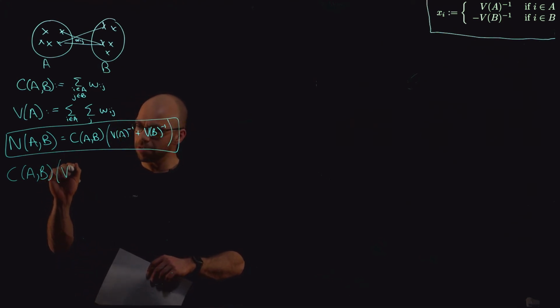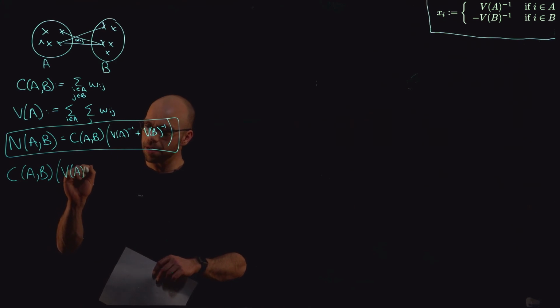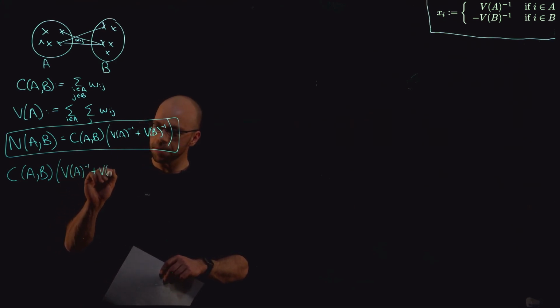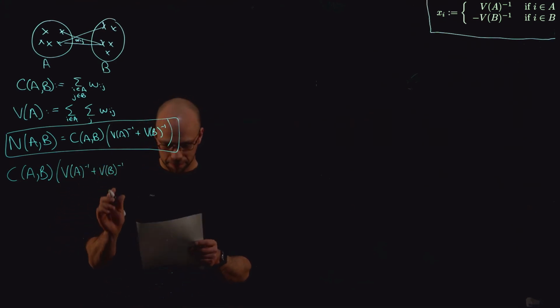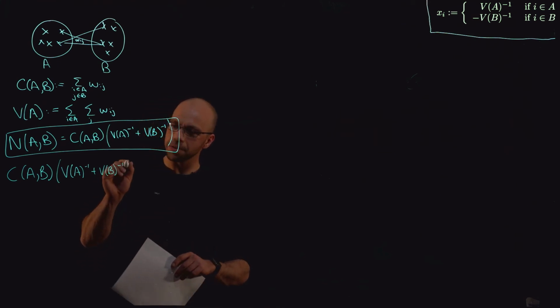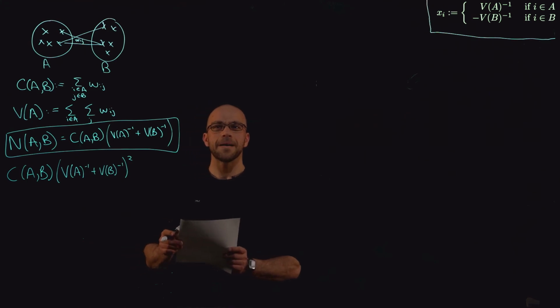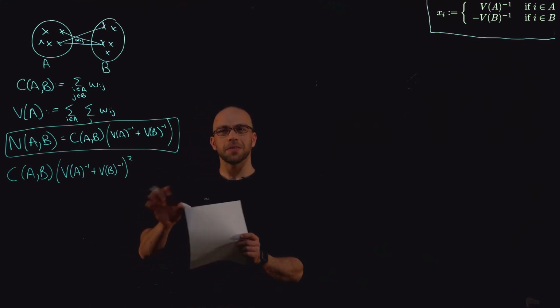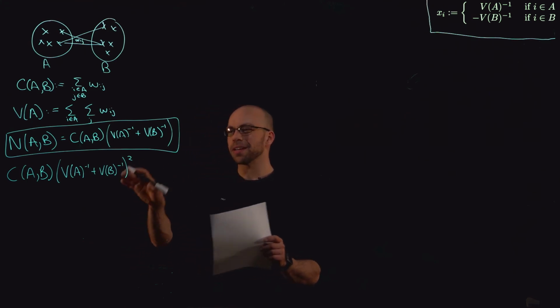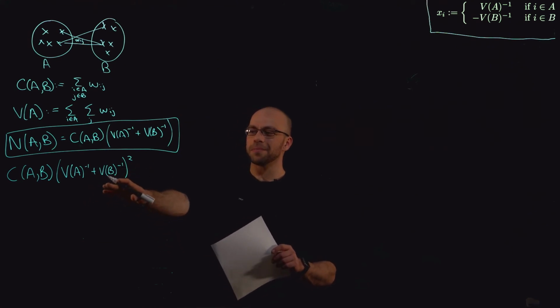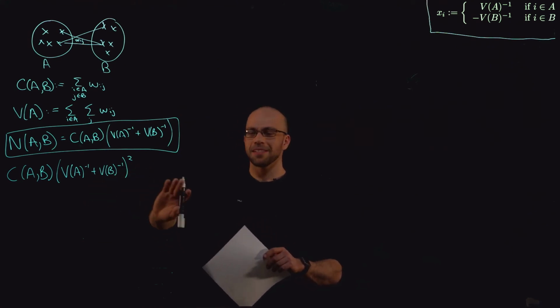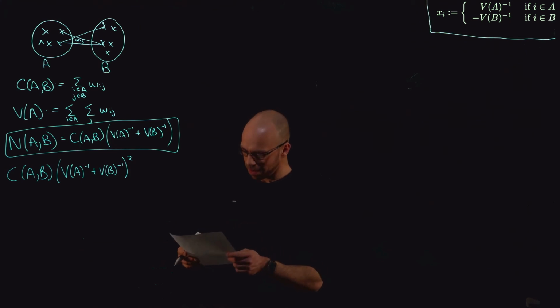So one thing I can do is multiply this by VA inverse plus VB inverse, but now I'm going to square this value. Just bear with me for a minute that I can get rid of that square. Let's say that I wanted to approximate this number instead. This is a weird number to approximate, but bear with me.